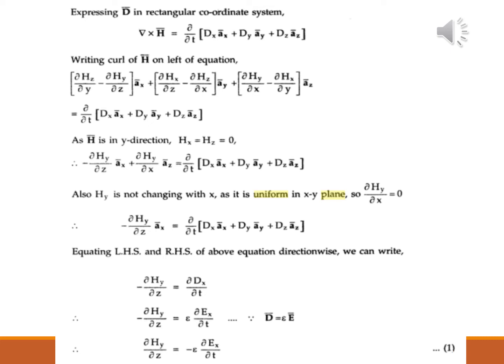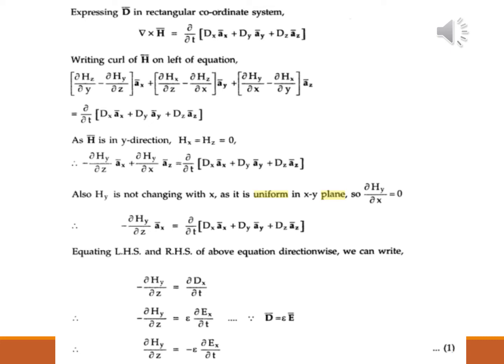Now I'm just going to equate. There is an ax term on the left hand side and an ax term on the right hand side, so I'm equating those. The ay and az terms will be 0, because there is no such term on the left hand side. The coefficient of ax on the left hand side is equated with the coefficient of ax on the right hand side. That's how I get minus dou Hy by dou z is equal to dou Dx by dou t.